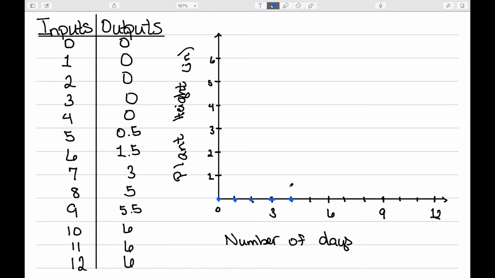On day 5, it was 1/2. Day 6 was 1.5. Day 7 was 3. Day 8 was 5. Day 9 was 5.5. Day 10 was 6, and then 11 and 12 were also 6.